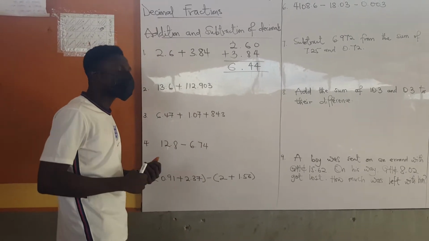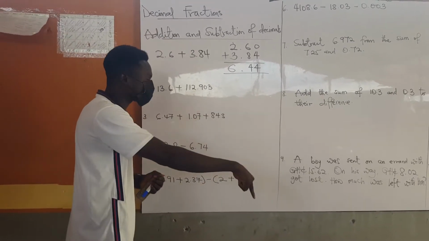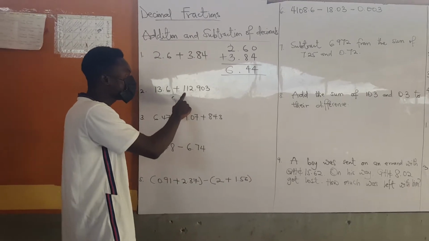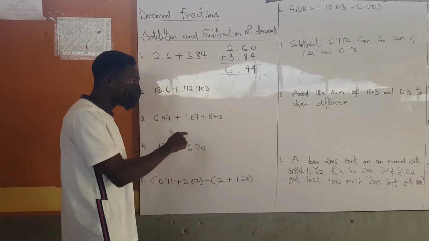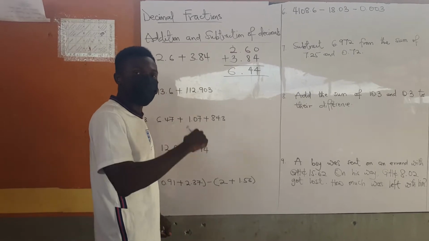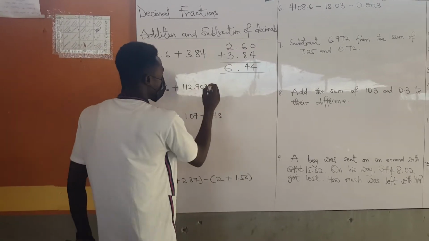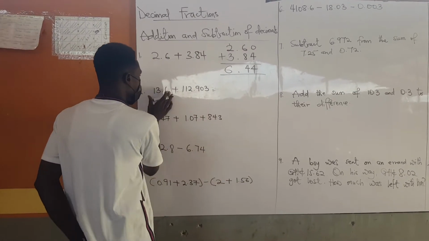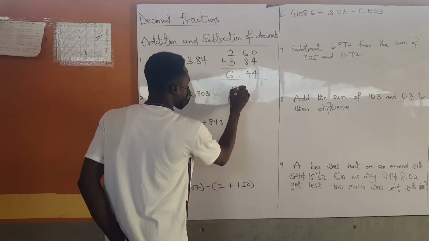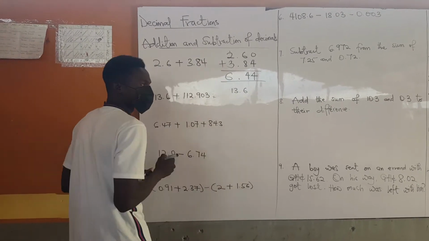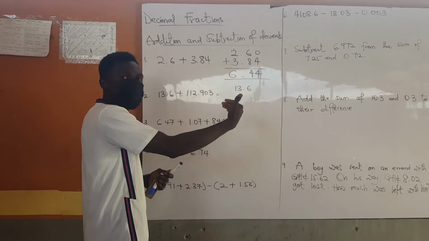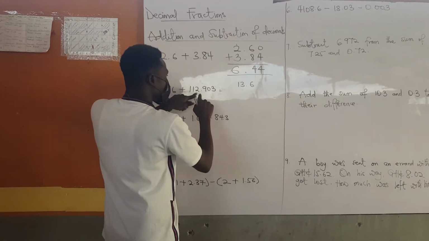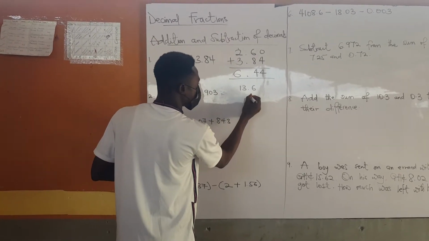Good. Let's look at number 2. We have 13.6 plus 112.903. So in adding this, we have our 13.6. Decimal point should be under decimal point. So with this number, my decimal point is going to be here.